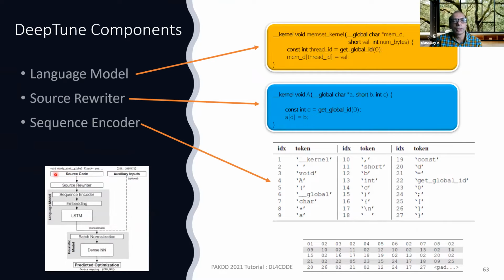So if you look at DeepTune, the source code, which is written in OpenCL, goes to a module called a source rewriter, which is nothing else but some kind of normalization of the tokens. Then you have an encoder, followed by an embedding model, followed by some LSTM layers. And then you also have some auxiliary inputs.